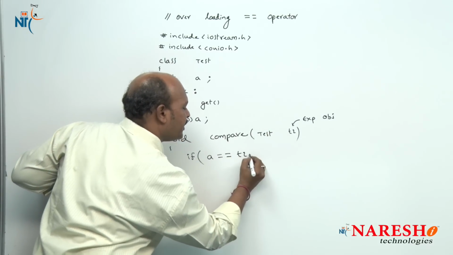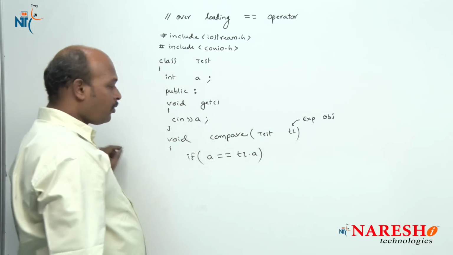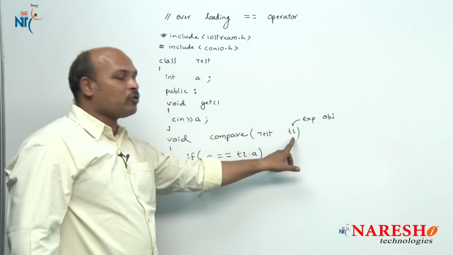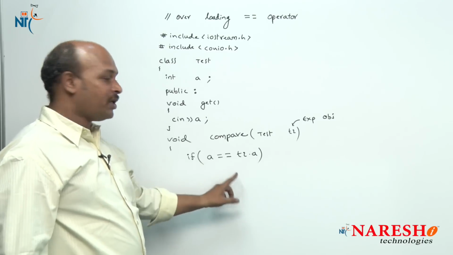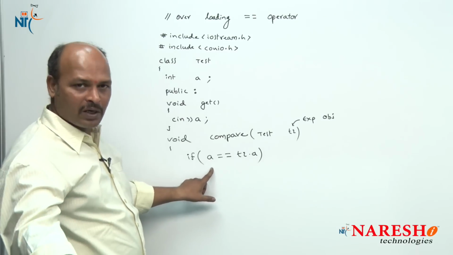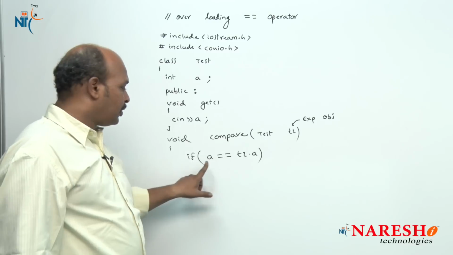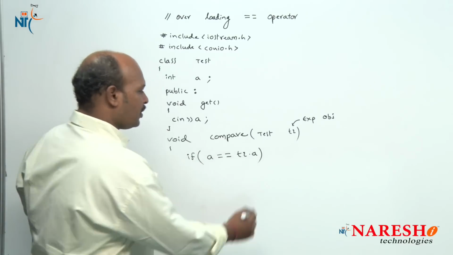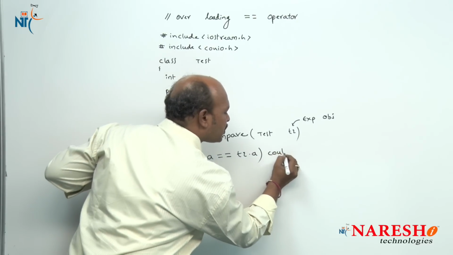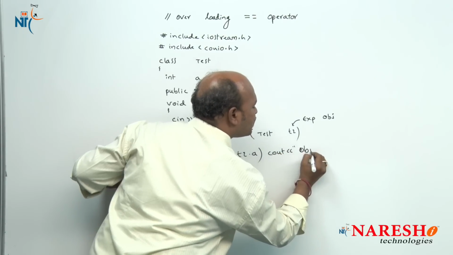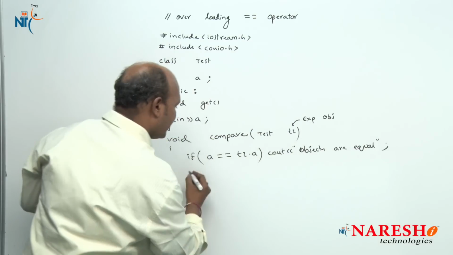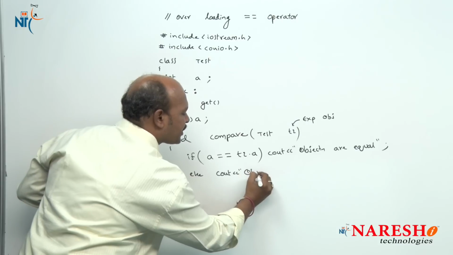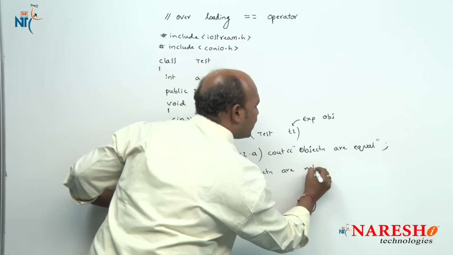T2 dot A. Now this A is equivalent to the explicit T2 object's A, meaning if this A belongs to, for example, T1, then that A belongs to T2. Now the meaning is what? T1 A and T2 A both are equal, then cout objects are equal. Next, else cout objects are not equal.